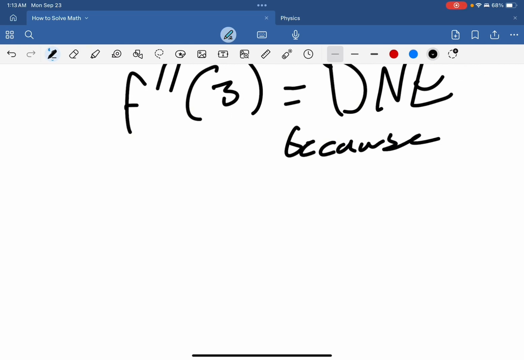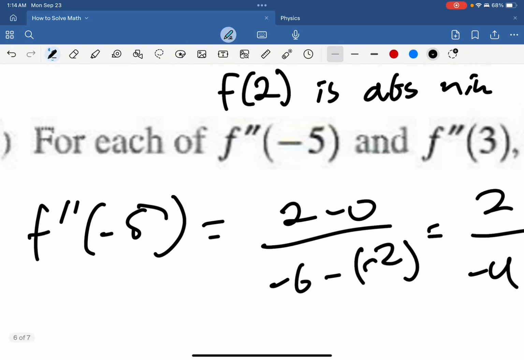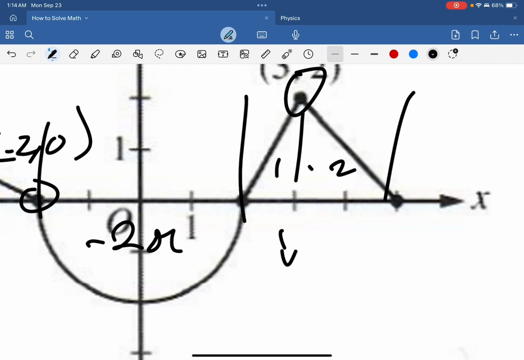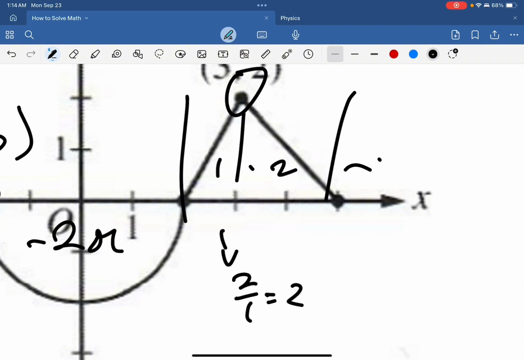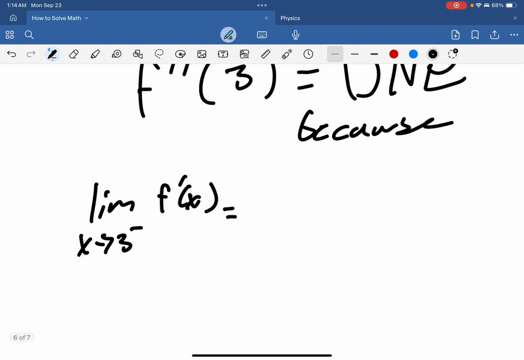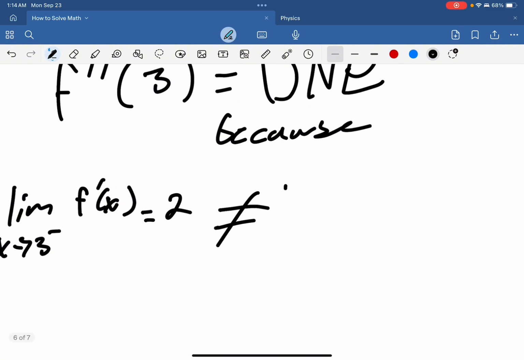Because, and then we gotta do the limit as x approaches 3 from the left of f prime of x is equal to, let's see, I'm just gonna do the slope up here. That's gonna rise 2 over 1, which is just gonna be 2, and this is gonna rise negative 2 over 2, which is just gonna be negative 1. So the slope from the left is gonna be 2, which does not equal the slope from the right.